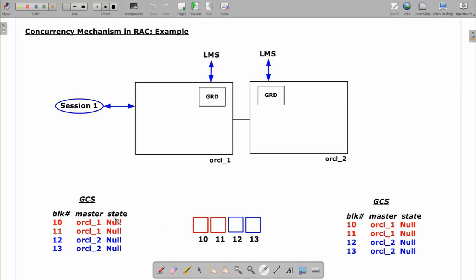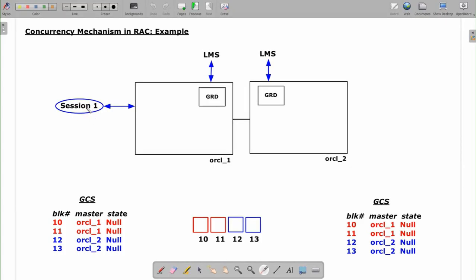So the global cache service metadata is identical, but the metadata ownership is different. The first 2 entries are owned by ORCL1, the second 2 entries by the second instance. Based on an internal algorithm, metadata entry ownership is evenly distributed.